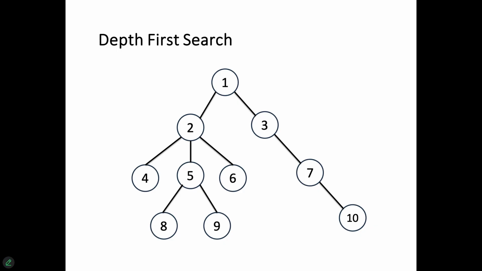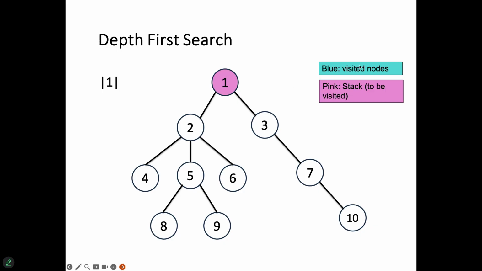Therefore, the nodes that were added to your stack later are going to be popped out first. And always search vertical before going horizontal. Now, again, I'm going to show the visited nodes in blue and the nodes that are going to be visited, or the nodes in our stack, in pink.